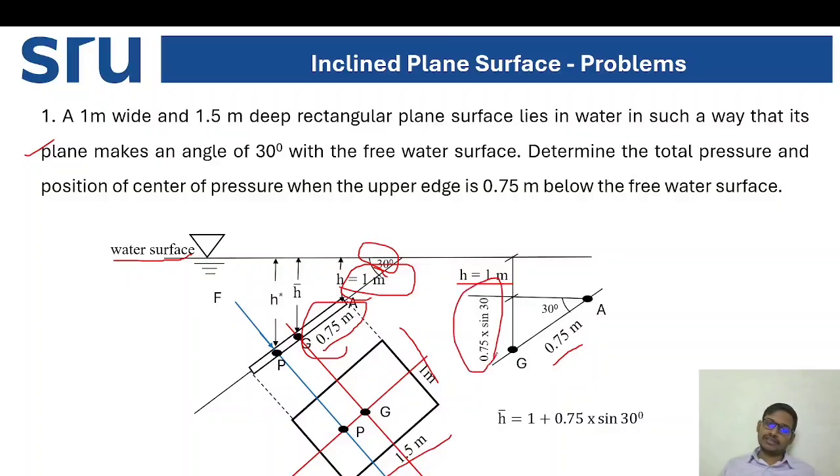So H bar is equal to 1 plus, already, 1 meter depth plus 0.75 into sine theta, sine 30 degrees. So once observed properly, then we will go for the problem.